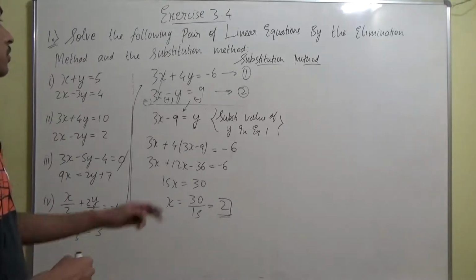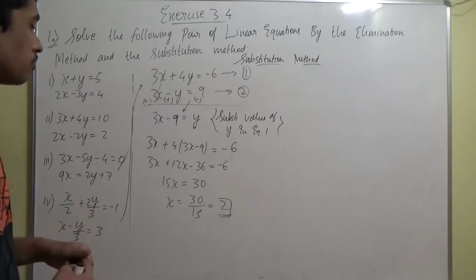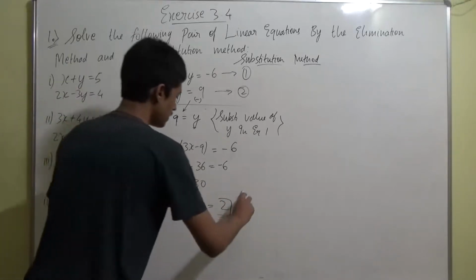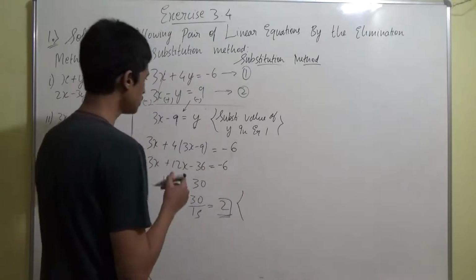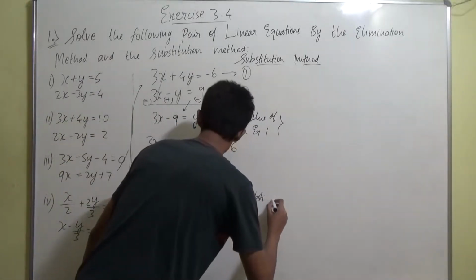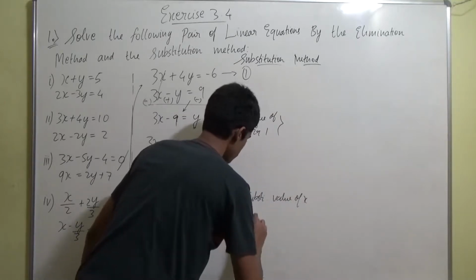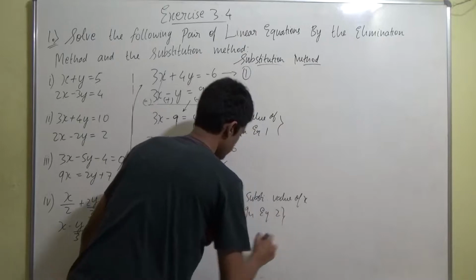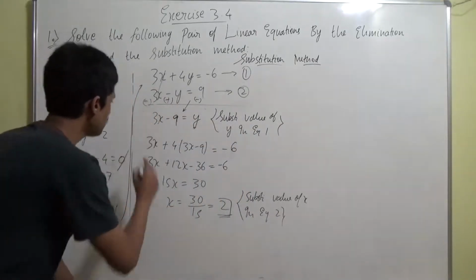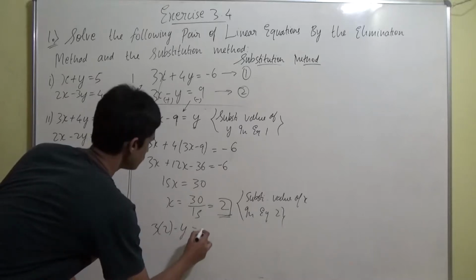Now what we'll do, we'll substitute this value of x in any of the two equations and find the value of y. So I'll write it here itself, substituting this value of x in equation 2. If you substitute 2 in equation 2, it becomes 3 into 2 minus y equal to 9.